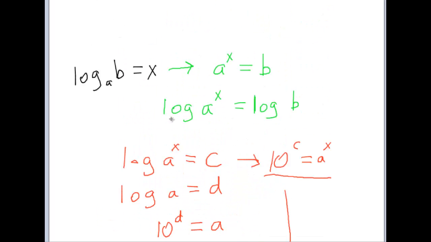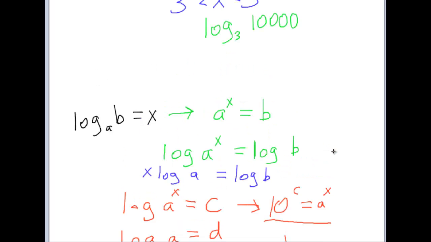So when we have here log of a to the x equals log of b, we can go back to this and say then that x log a equals log b. And what does that mean?